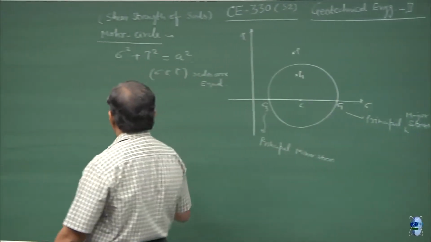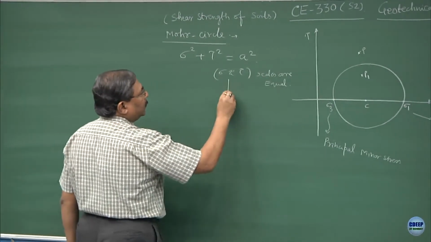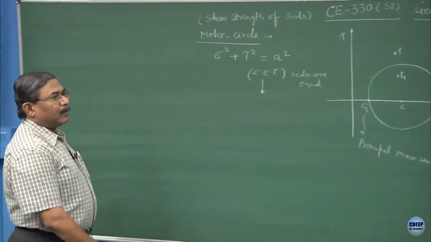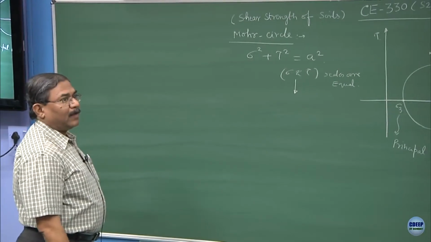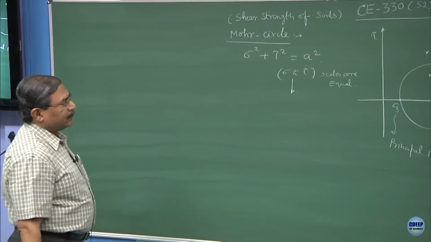Now if you remember, what we did is, we wanted to know sigma and tau. The question is why, and I cited few examples in the previous lecture.